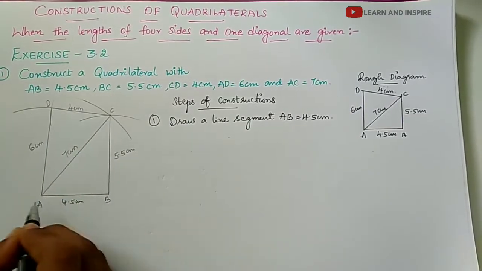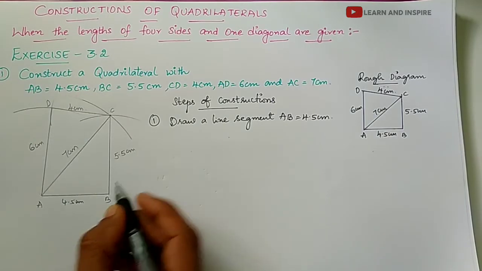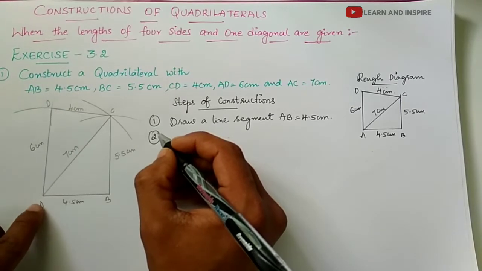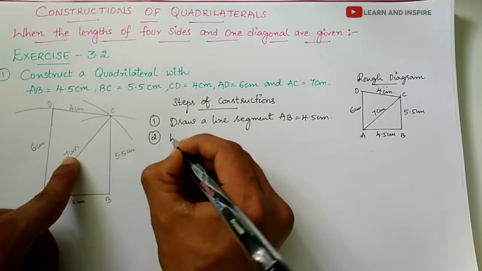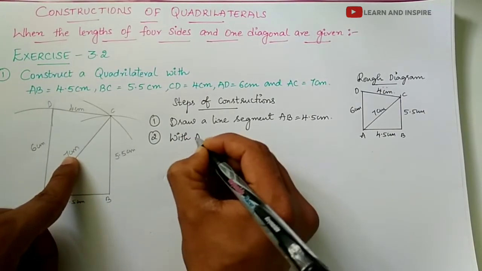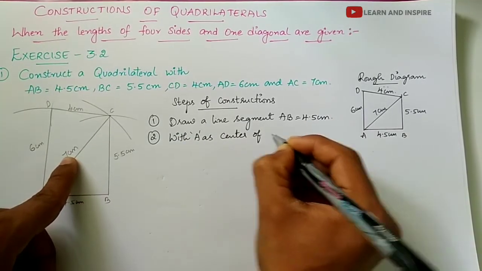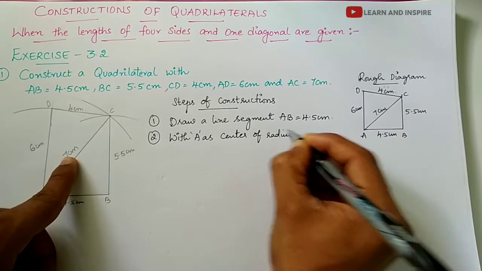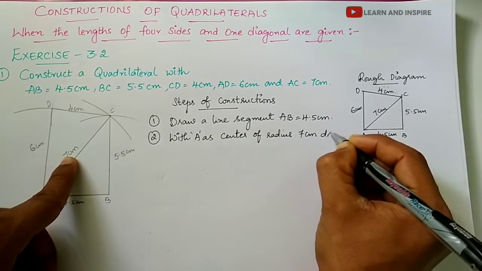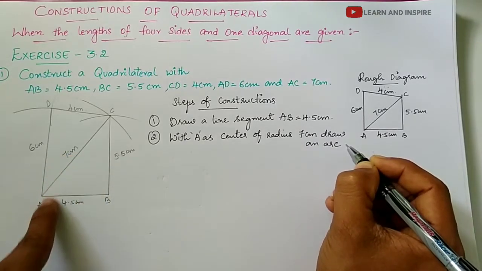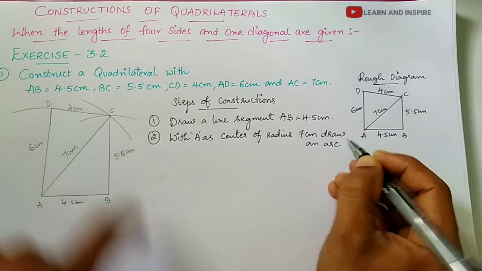Okay, so we have to draw a line segment AB equals 4.5 centimeters. Step 2, with A as center of radius 7 centimeters, draw an arc. Okay, so with A as center of radius 7 centimeters, draw an arc.